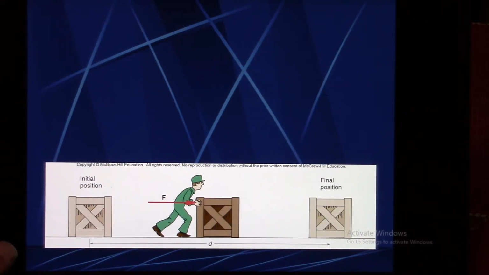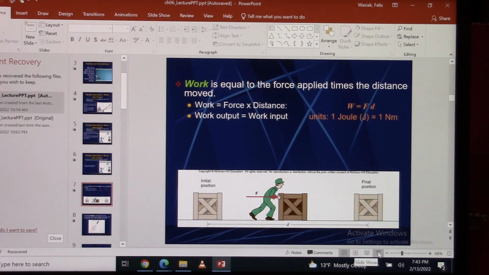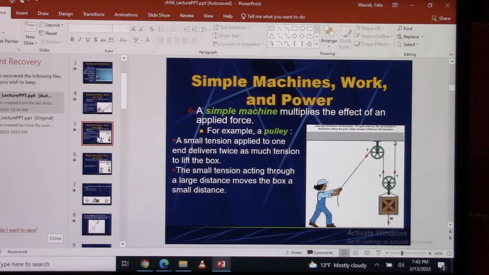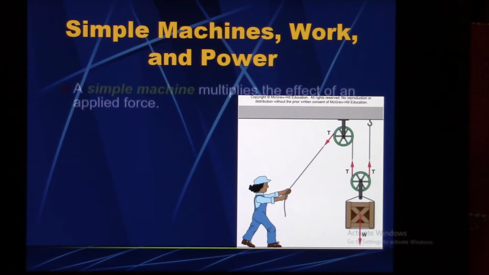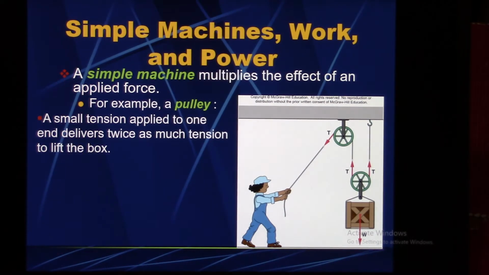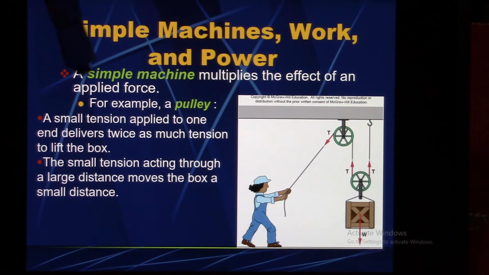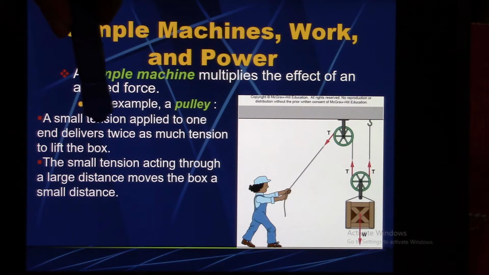Let me go back. I just want to go back to this one here. All right, there. Yeah, small tension applied to one end delivers twice as much tension to lift the box.